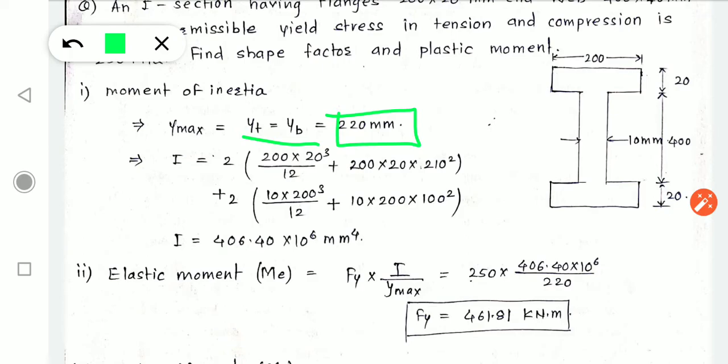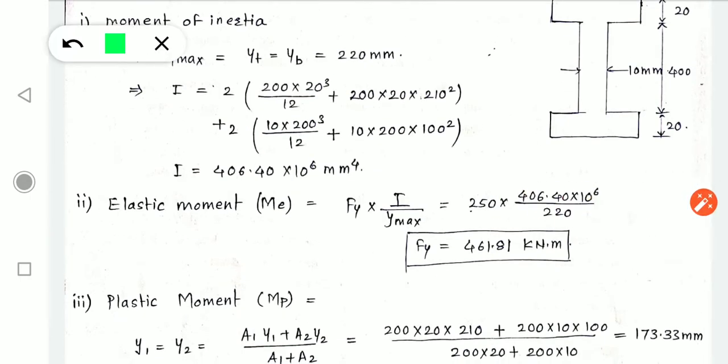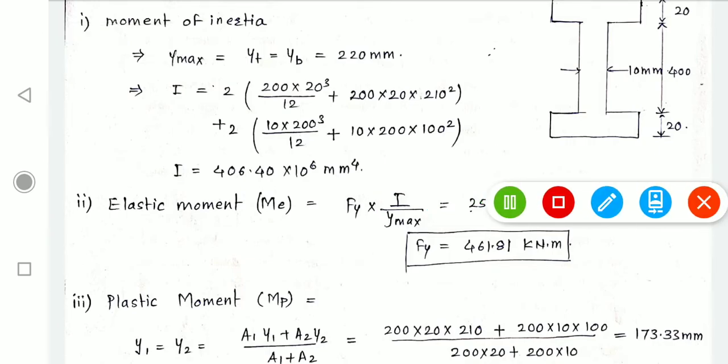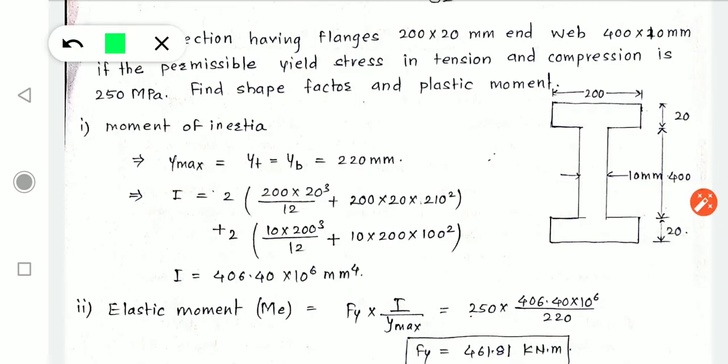Now calculating I. For calculation of I, we need to take help of the parallel axis theorem. What does the parallel axis theorem tell us? If we want to calculate the moment of inertia for different sections, I am going to divide our section into two parts.